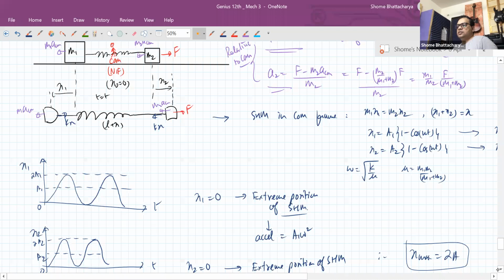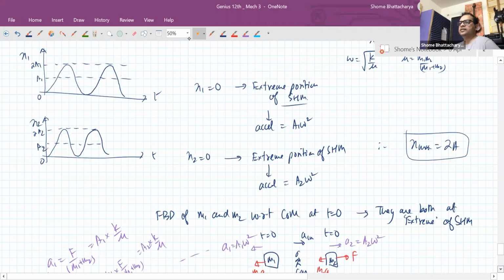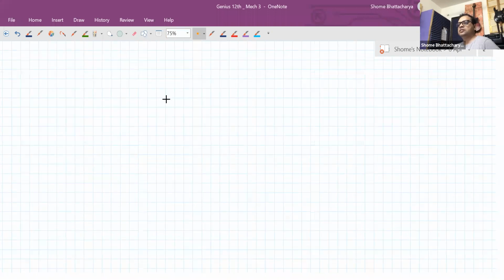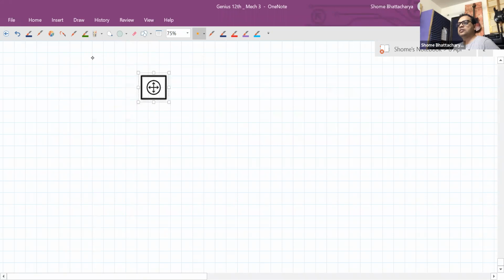Okay, so to understand this, let's first talk about the secondary type of SHM. That is, if we have an SHM like this, where this is initially like this.